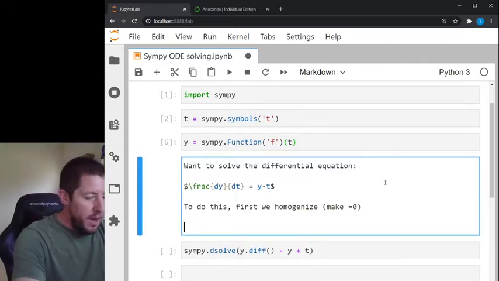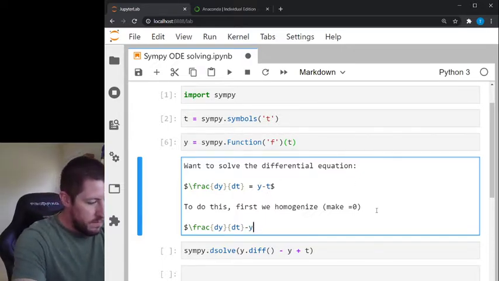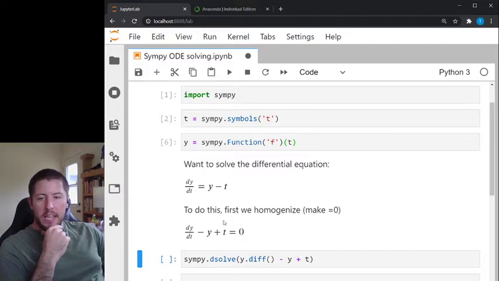And so now I think this should be looking like dy dt, and all I'm doing is just subtracting over y and adding over t. And so now I think that I have homogenized my differential equation, right? I subtracted over y, I added over t.